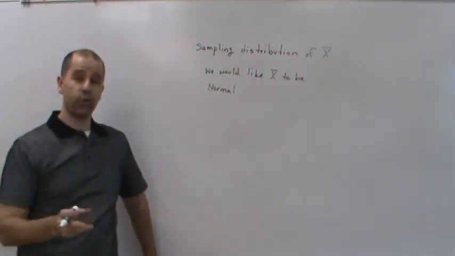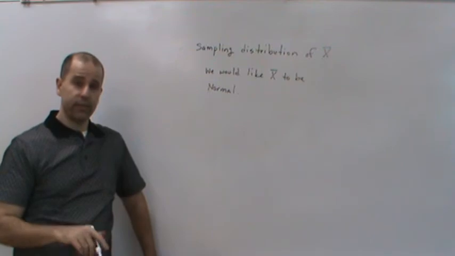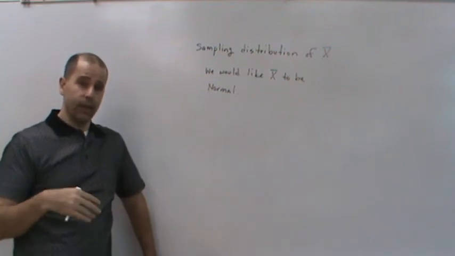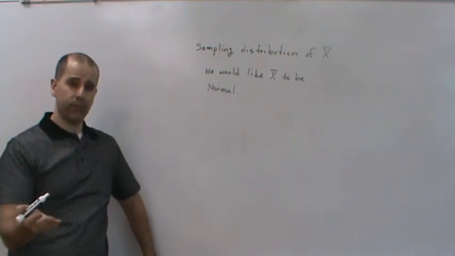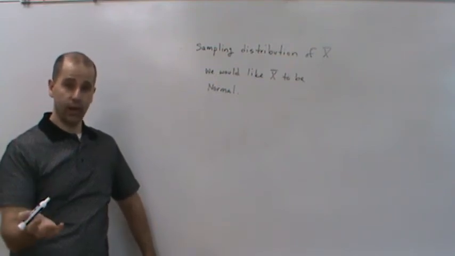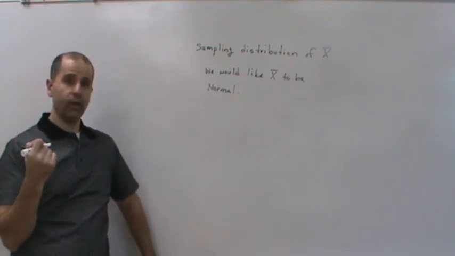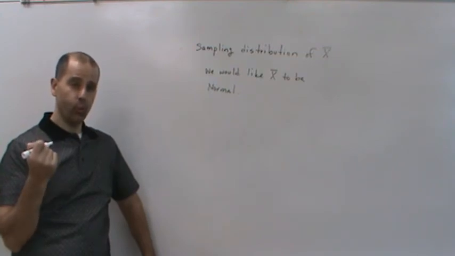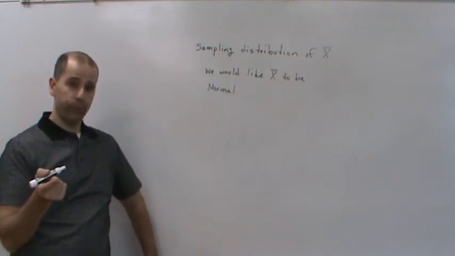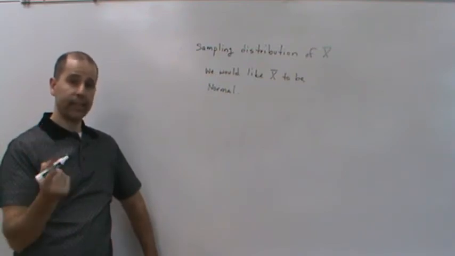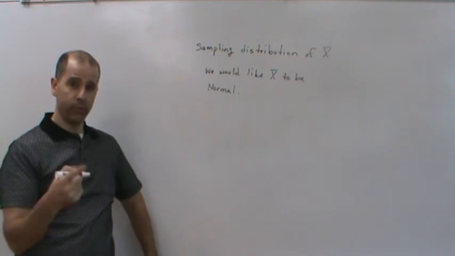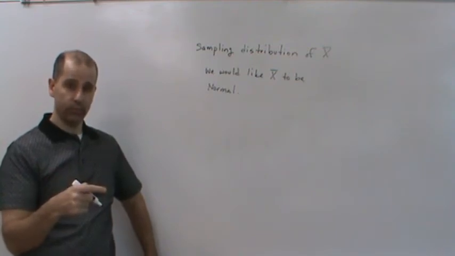Well, that's where the central limit theorem comes in. The central limit theorem says that if our sample size is sufficiently large, then we can know with certainty that the distribution of x bar will be approximately normal with a mean and a standard deviation.